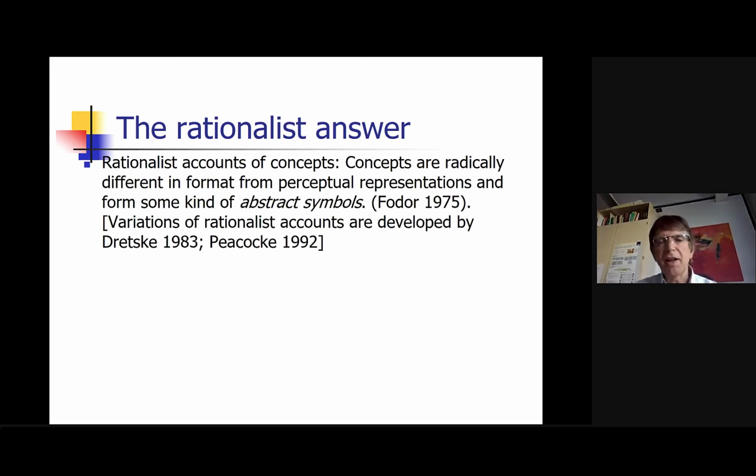There is a rationalist account of concepts. Concepts are, according to that, radically different in format from perceptual representations, and they are some kind of abstract symbol. Of course, Fodor is the most famous proponent. Tretzky and Peacock were actually further rationalists in this sense.